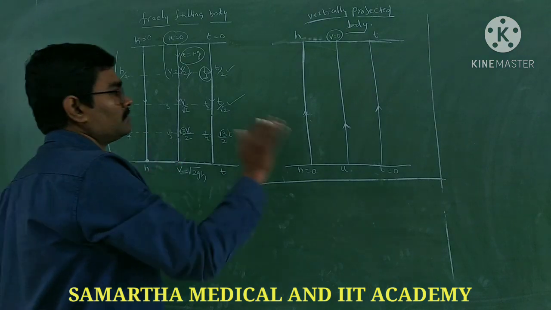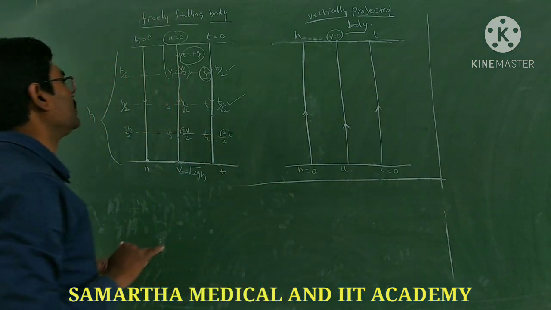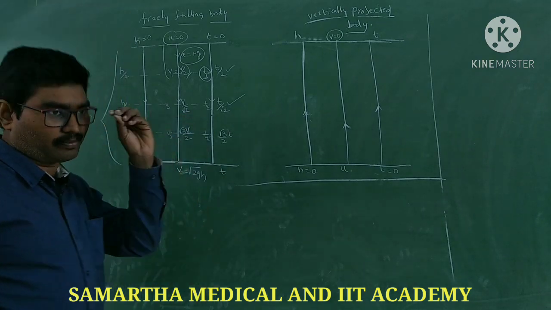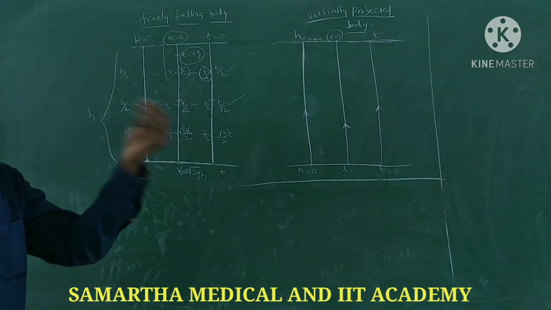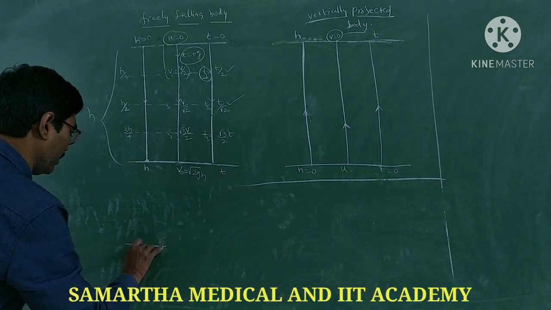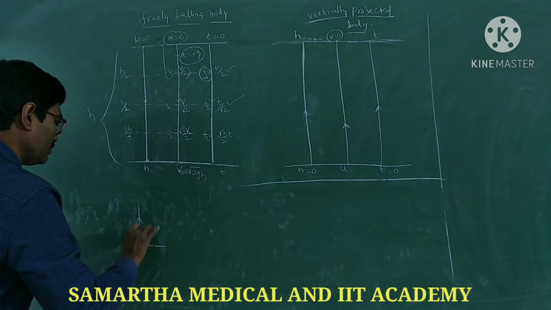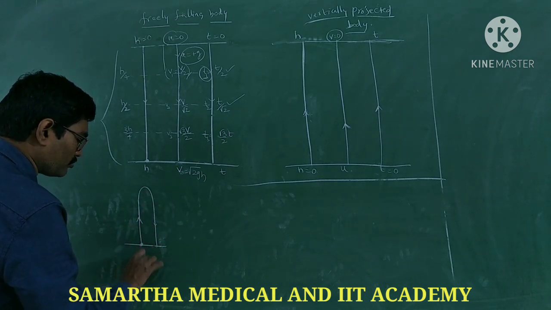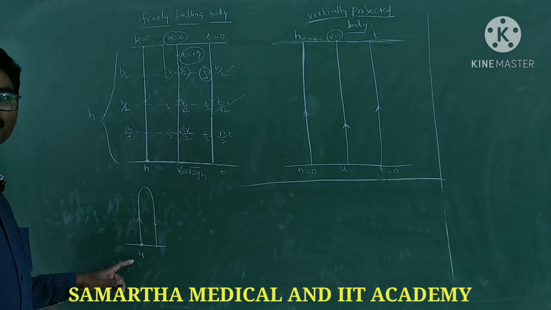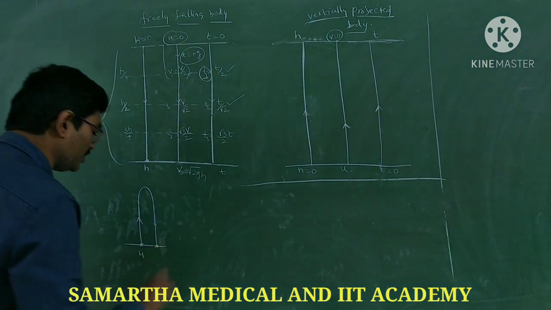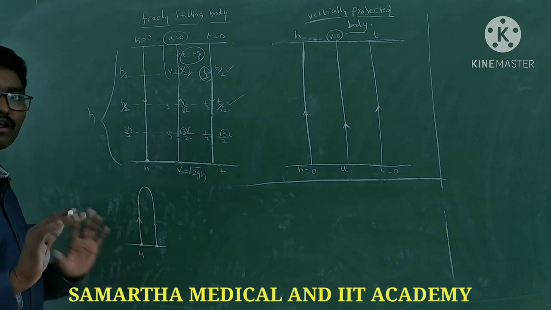Now we will go for the same conditions. Listen here. You know that one point we already discussed while solving the problems in the previous topics. The body is projected vertically upward. At the same height, with what velocity you have thrown, in the absence of air resistance, with the same velocity it hits. With the same speed it hits, not velocity.